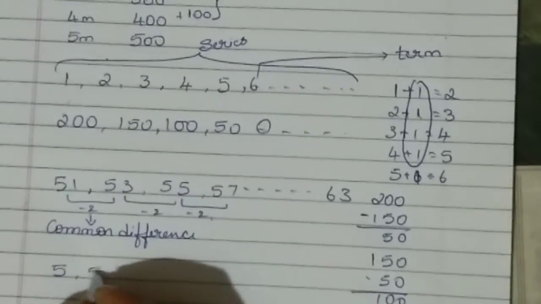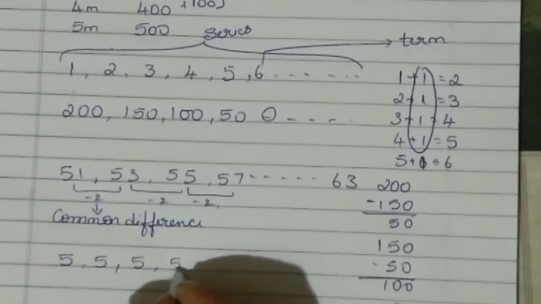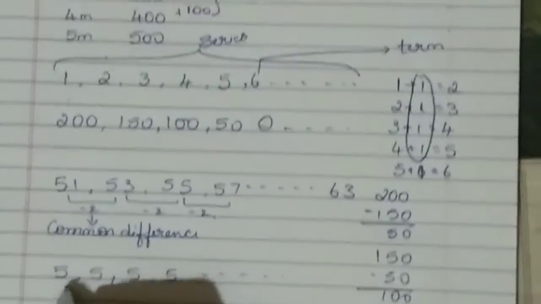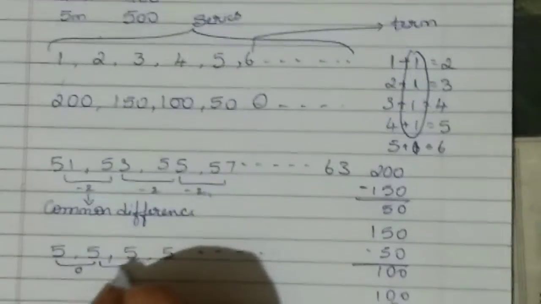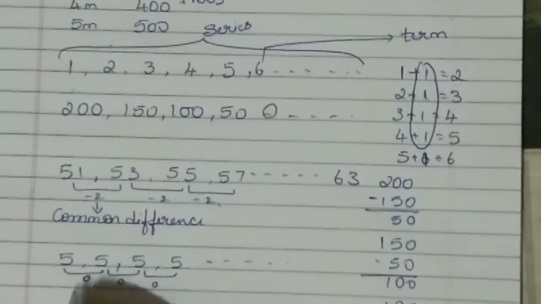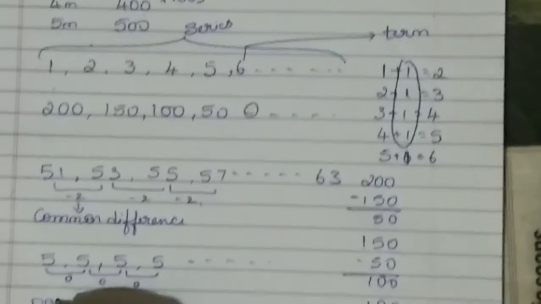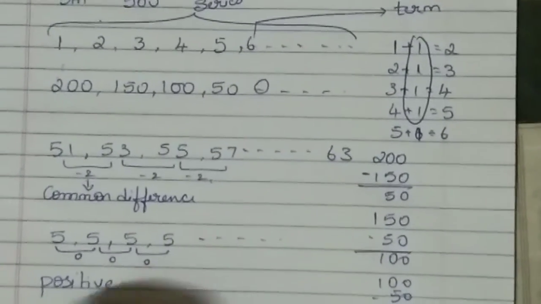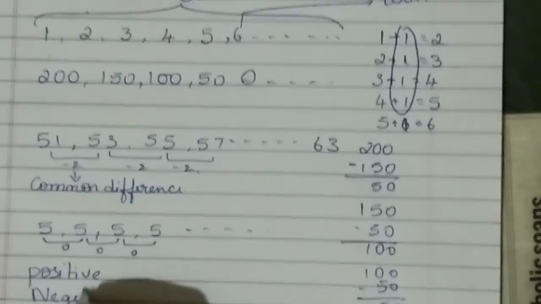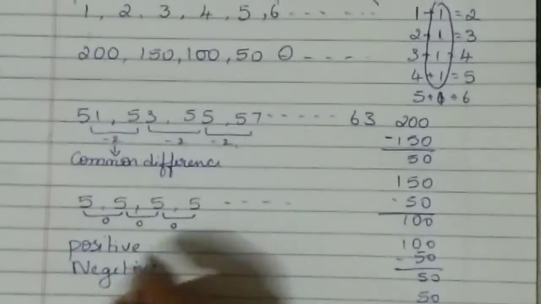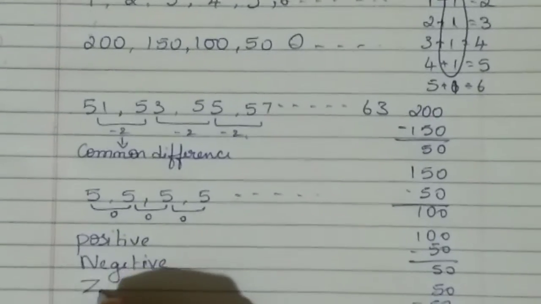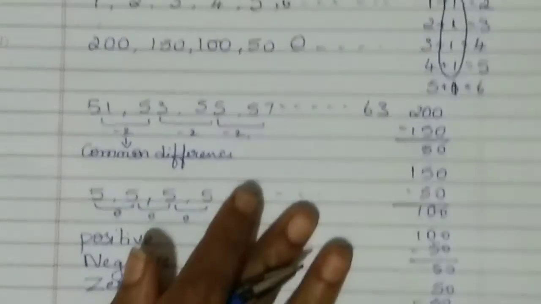Even common difference could be 0 also. Okay. Common difference is 0. So common difference could be positive or negative or even 0. So you got to know.